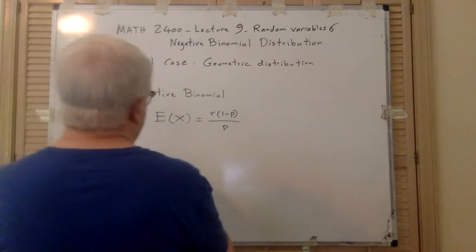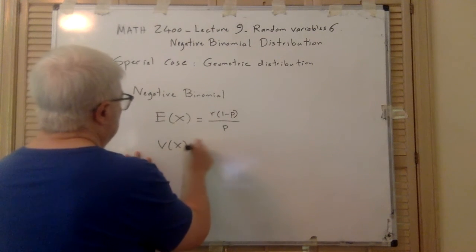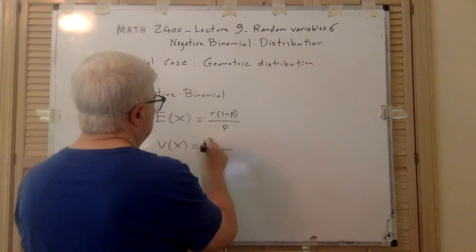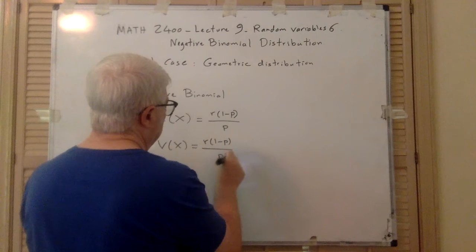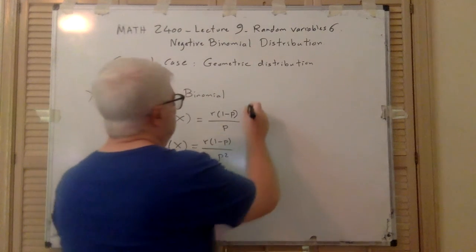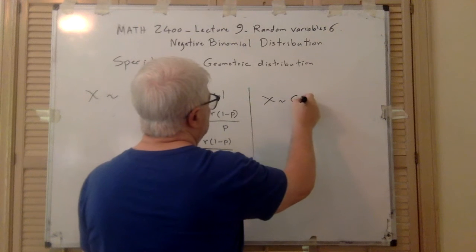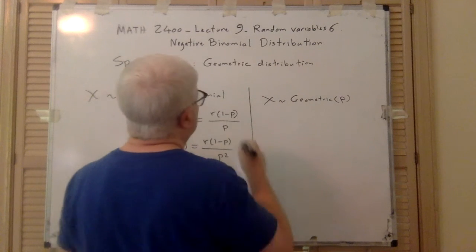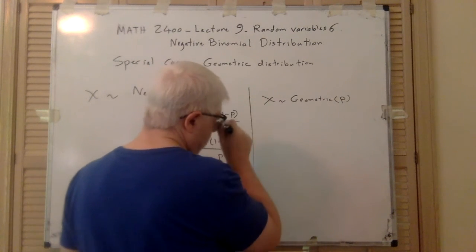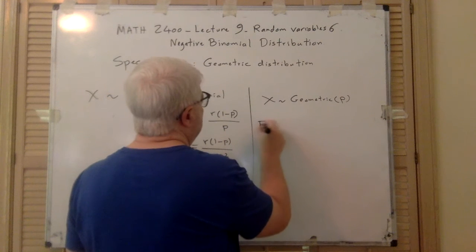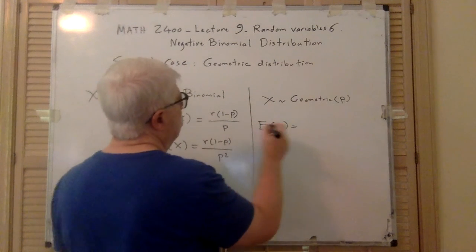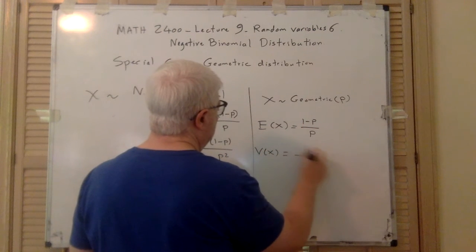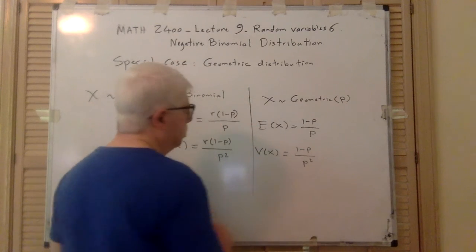And the variance is also a nice formula. It is r times 1 minus p over p squared. So for the geometric, if I have x geometric, and usually they write them as p, this one you can also write negative binomial p, and then e of this x will be, that's when r is 1, so that's 1 minus p over p, and the variance of this will be 1 minus p over p squared.